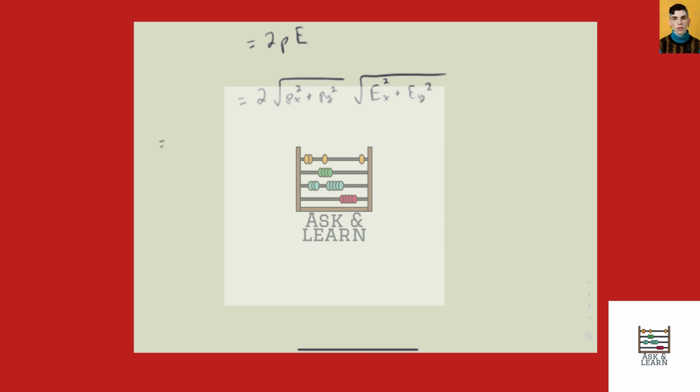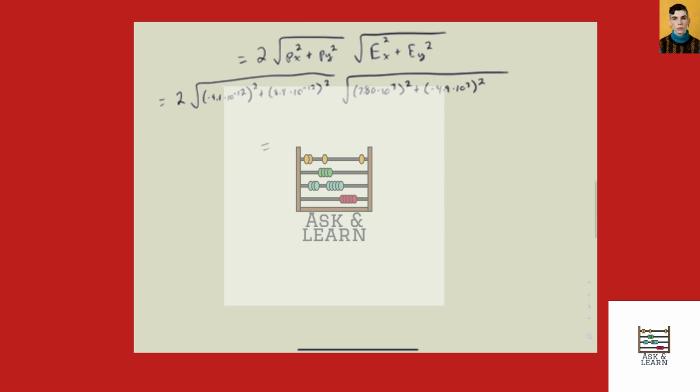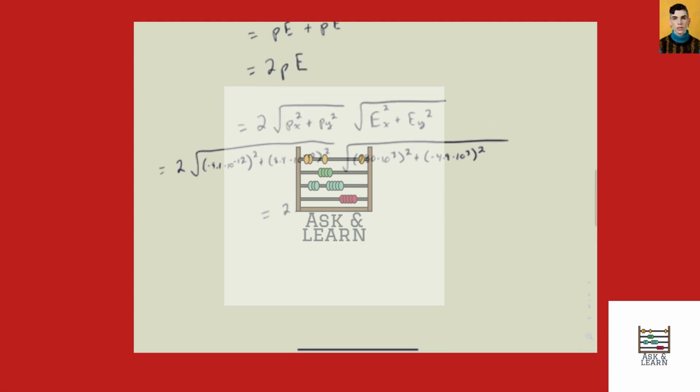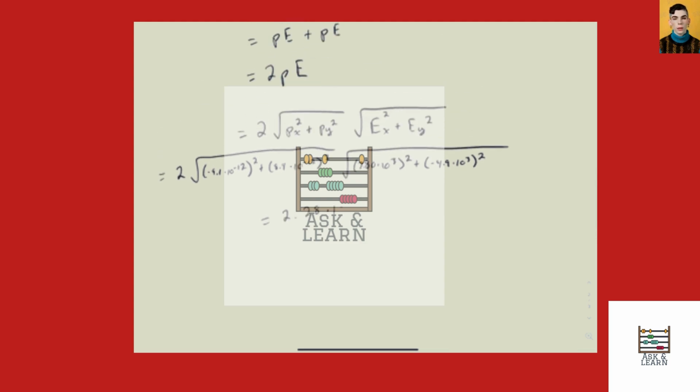So this is going to be minus 9.1 times 10 to the minus 12 squared plus 8.4 times 10 to the minus 12 squared, and then take the square root of that whole thing, and then do it again. 7.8 times 10 cubed squared plus minus 4.9 times 10 cubed squared, and multiply all that together, and we get 2.28 times 10 to the minus 7.